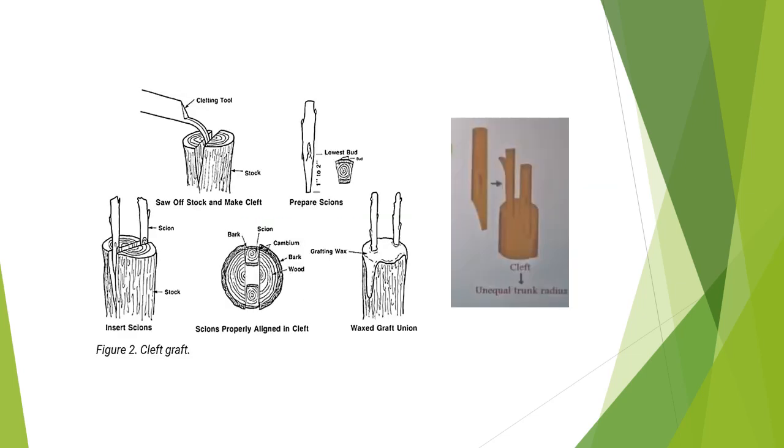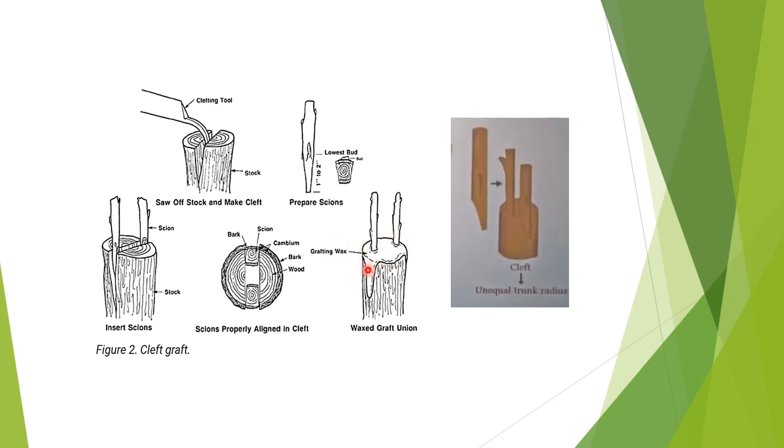So how is it done? In cleft grafting, you are taking a rootstock and making a cleft here, or with a clefting tool. Then you prepare a scion which has a few buds in it, exposing the lower portion, and you put it into this cleft and then cover it with grafting wax, and there will be a union.